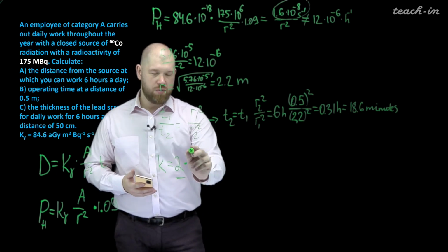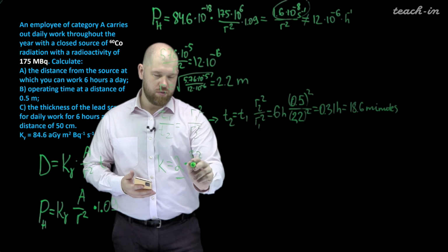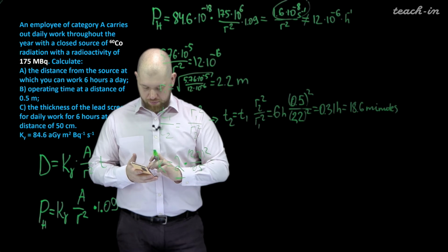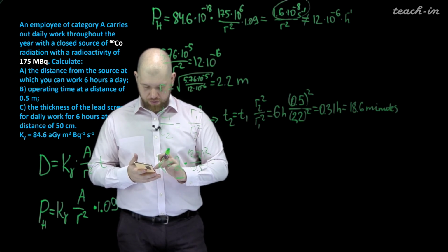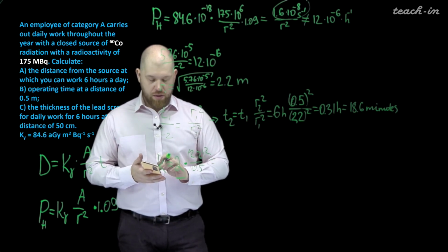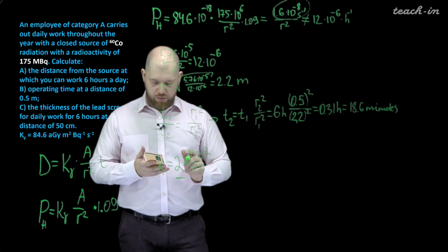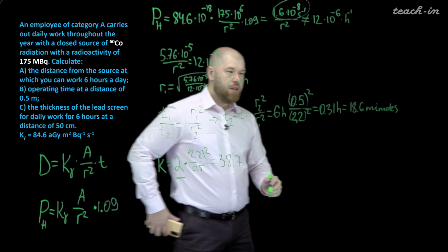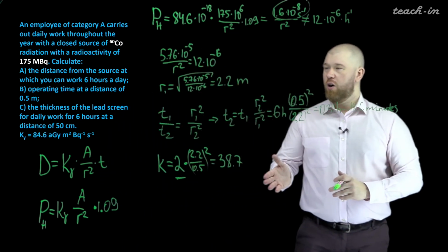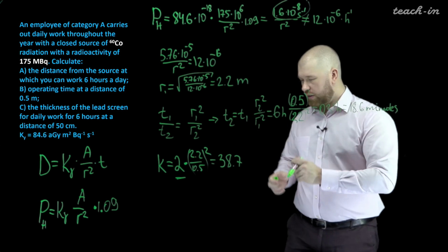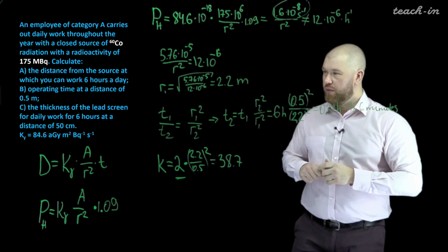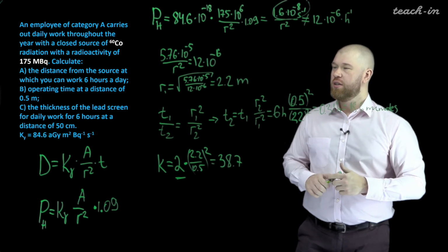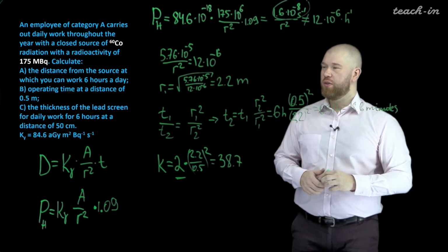So it will be 2.2 divided by 0.5, squared, and we multiply it by 2, so it will be 38.7. It is how many times we should decrease the flux of our gamma rays to ensure the safe operation.